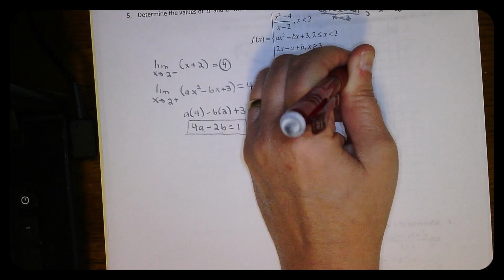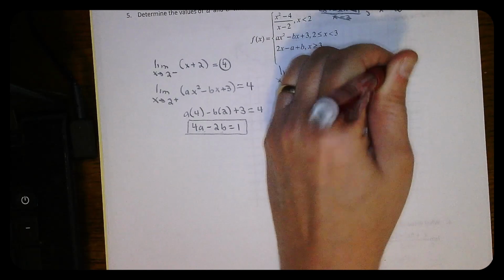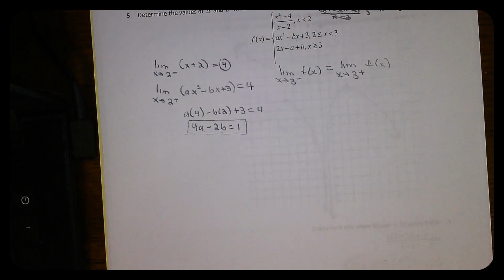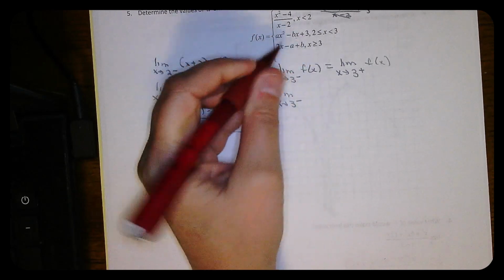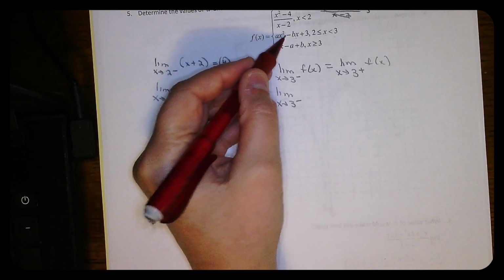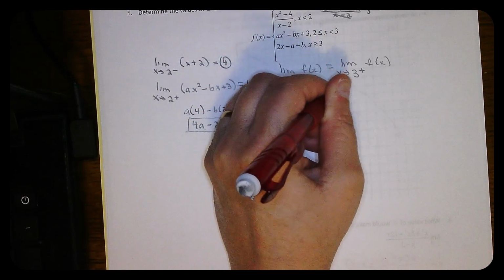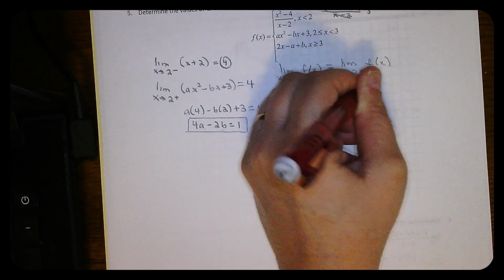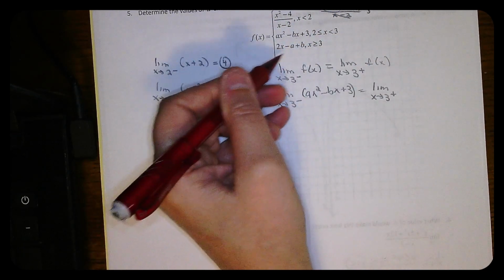In order for it to exist, the left-hand limit has to equal the right-hand limit. Okay, now, so the limit as x approaches 3 from the left, I would use this equation, ax squared minus bx plus 3. And the limit as x approaches 3 from the right, I would use this equation.